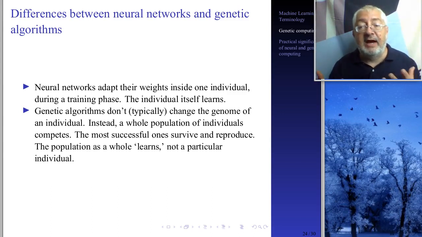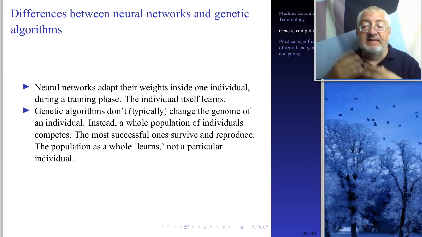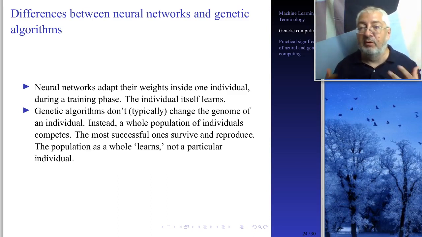Both are, in their classic form, supervised in the sense that they are told what the optimum is. The neural network knows what the desired output pattern is that it has to approximate. The genetic algorithm knows what the fitness condition is. So they are both supervised kinds of learning.